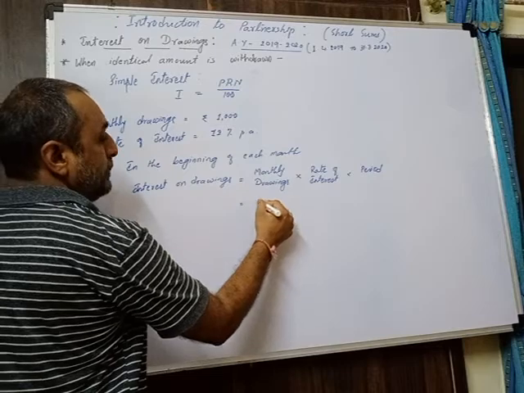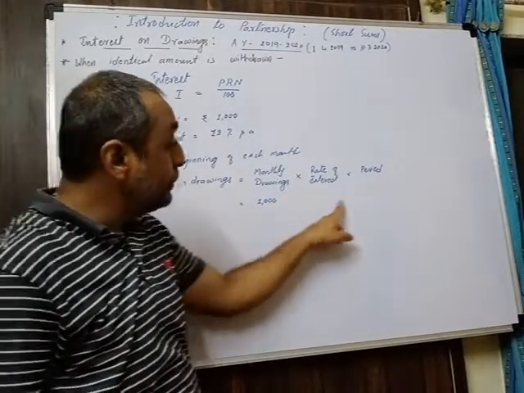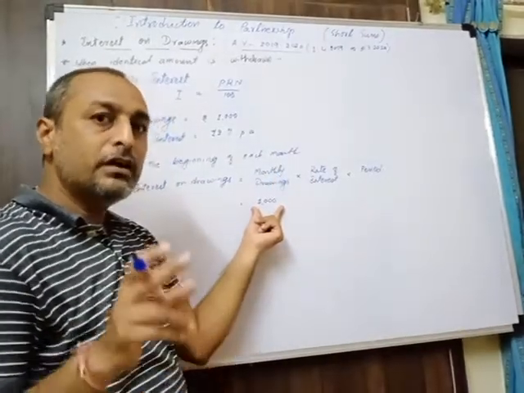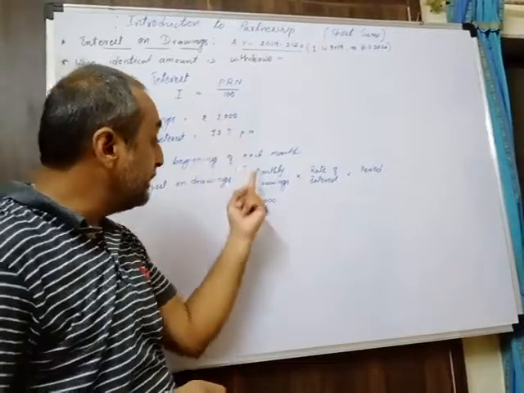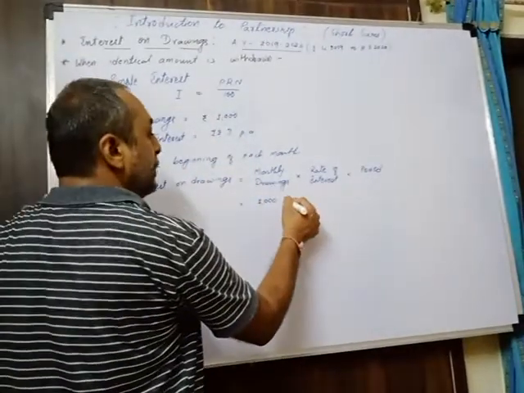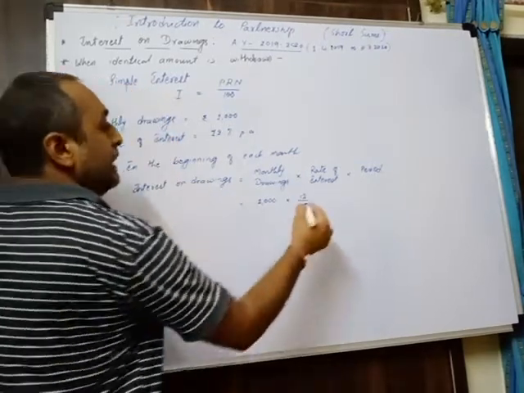See now, we don't have to take yearly drawings over here. You will calculate interest for the whole year only, but the amount which you have to take for calculation of interest is the monthly value. What is the monthly drawing? 1000 into rate of interest 12%, so I can write 12 by 100 into period.